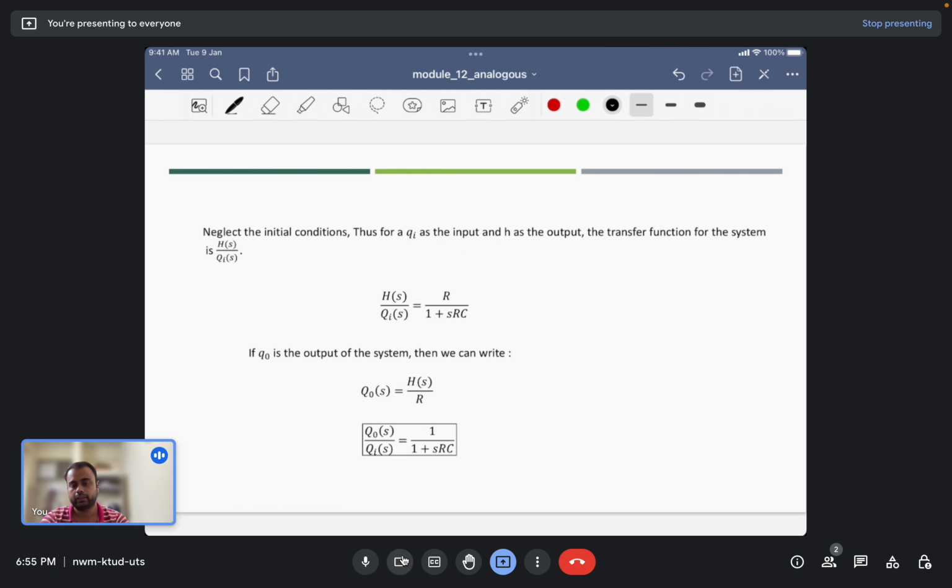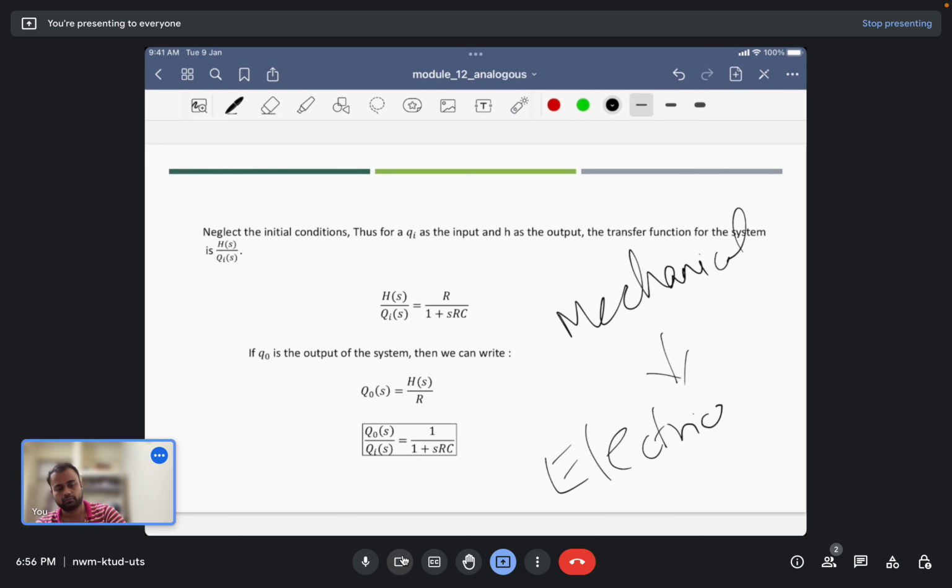In this way we can transform any mechanical system into an electrical system. So mechanical to electrical transformation was understood briefly here. I didn't want to solve the problems here because this part of the section is just for a brief.